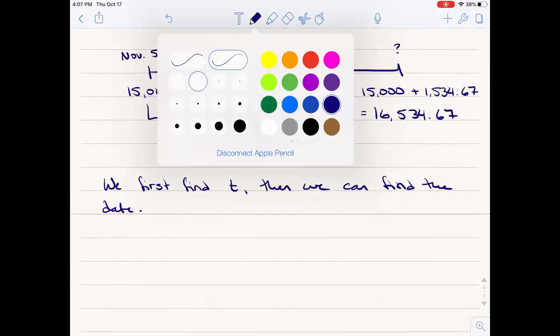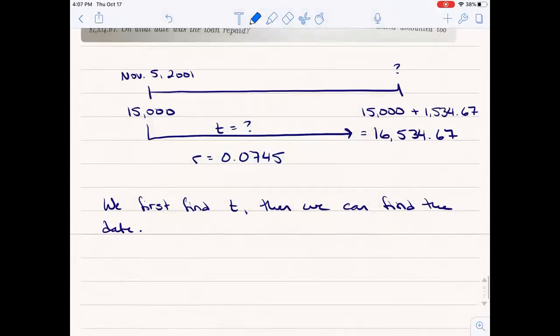So if we're jotting things down and making notes to ourselves, the 15,000 is the P, and the 16,000 whatever is the future value.